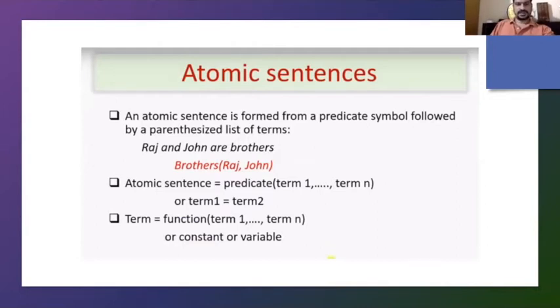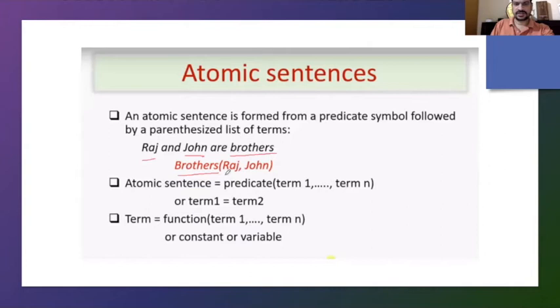Some atomic sentences are like this. An atomic sentence is formed from the predicate symbol followed by a parenthesized list of terms, like Raj and John are brothers. How can you write that? The predicate is brother, so the predicate will come here. Then we have Raj and John.